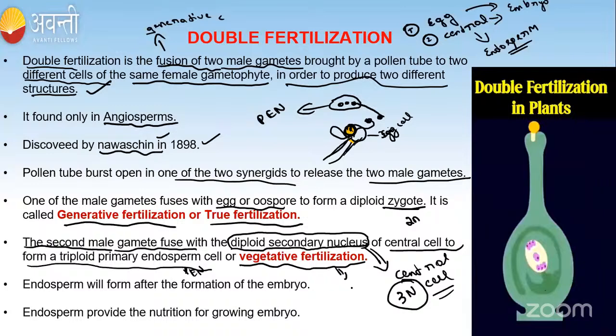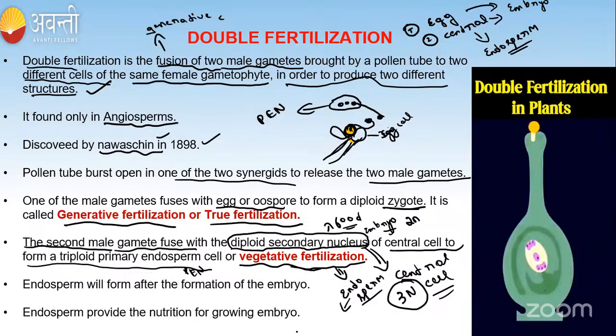Remember, guys, this 3n fertilization forms the endosperm, which gives nourishment, food, to the growing embryo. So that's why it is called vegetative fertilization.